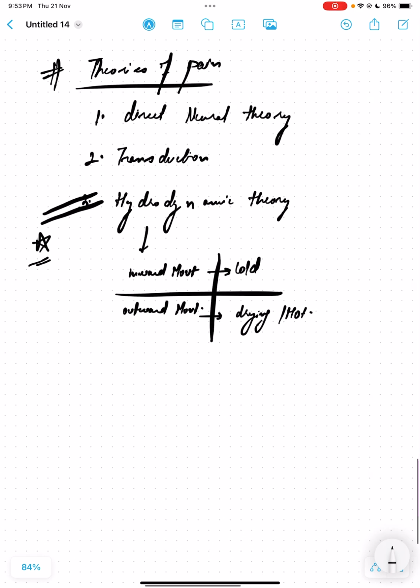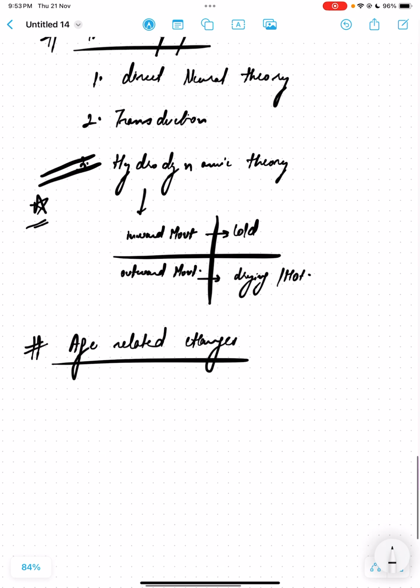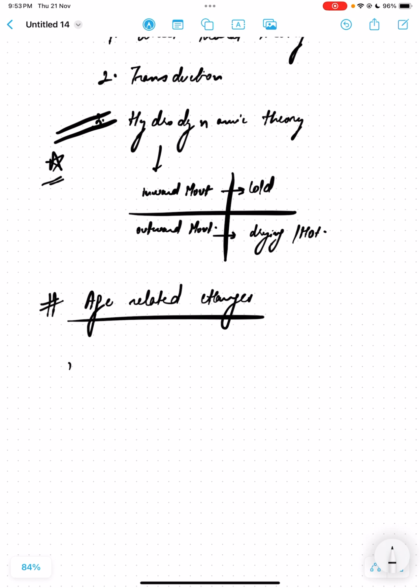Then, what are the age related changes of dentin? As all of you have always heard, what are dentinal tracts, or the dead tracts?